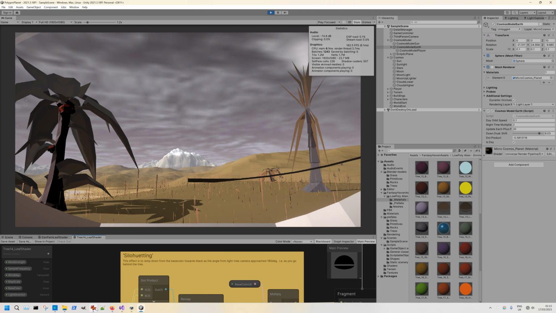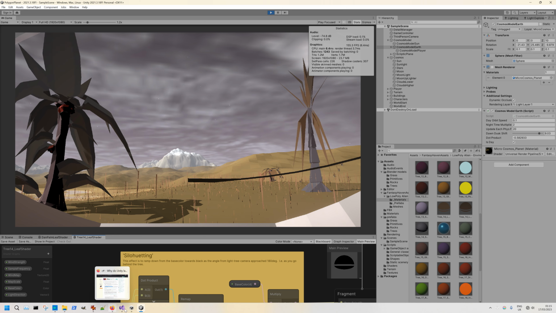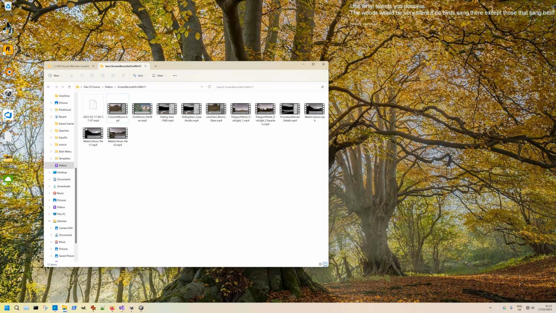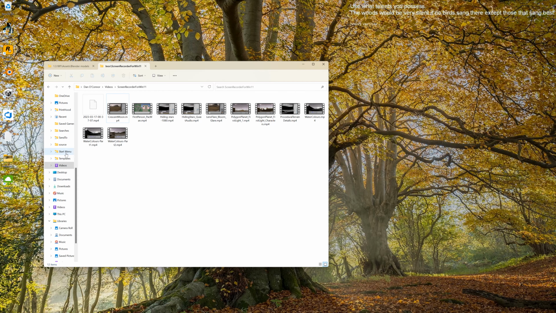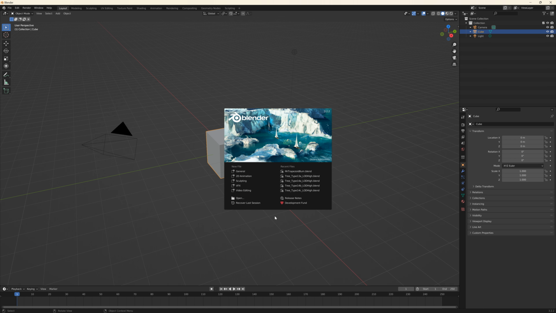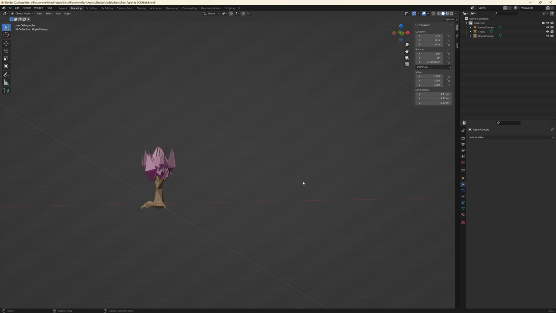I could just show what I meant about the position in Blender, because it might not have been very clear what was going on. Let's try that one. That's not the right one.